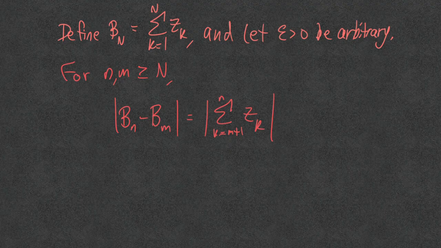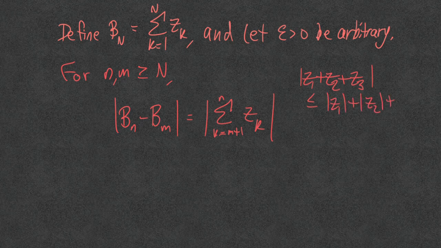Okay, and now we have a finite sum, which means by the triangle inequality, and really, we haven't proved this, you can prove it very easily using induction. I technically didn't show that if I have 3 terms or finitely many, this is less than or equal to the modulus of z1 plus z2 plus z3. You can show that for finitely many terms just with induction.